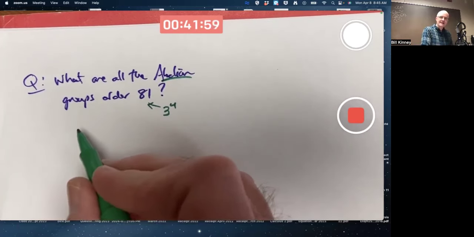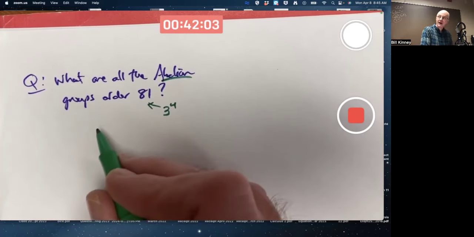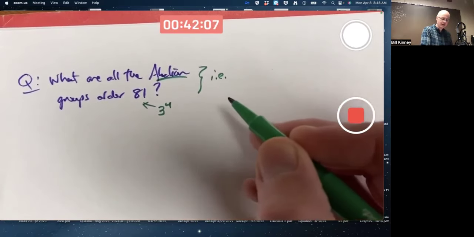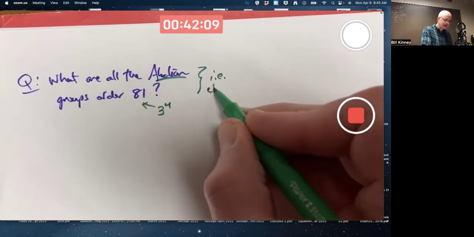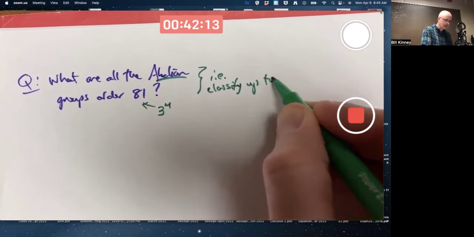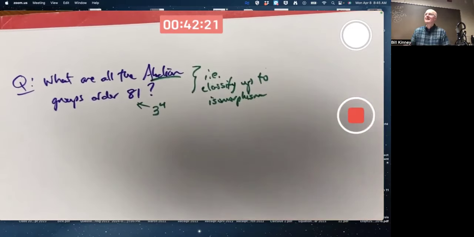Do also realize that when we ask this kind of question, we are talking up to isomorphism. In other words, classify up to isomorphism. And we have already some knowledge of some fundamental kinds of isomorphism classes.